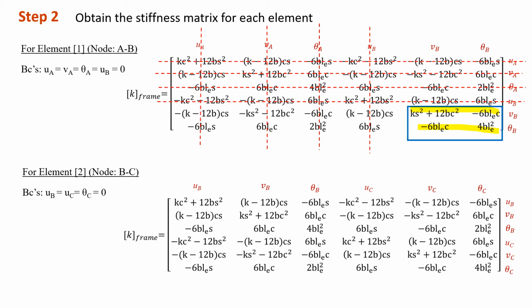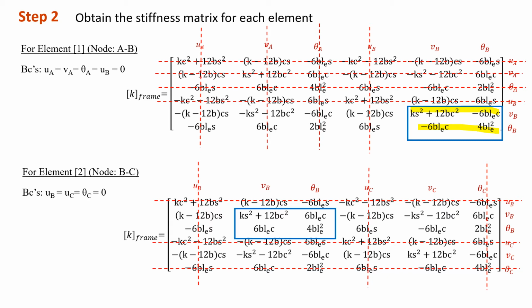For element 2, UB, UC, and theta C are equal to 0. So we eliminate those rows and columns so that we just need to identify those related parameters that we have to solve. In this case, we have these 9 parameters to solve.